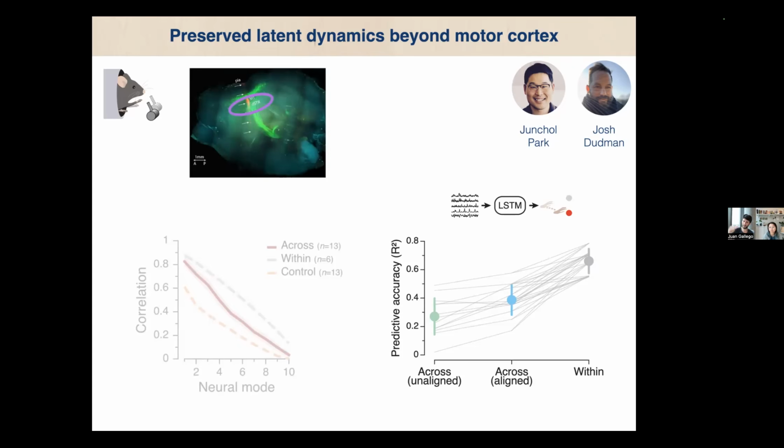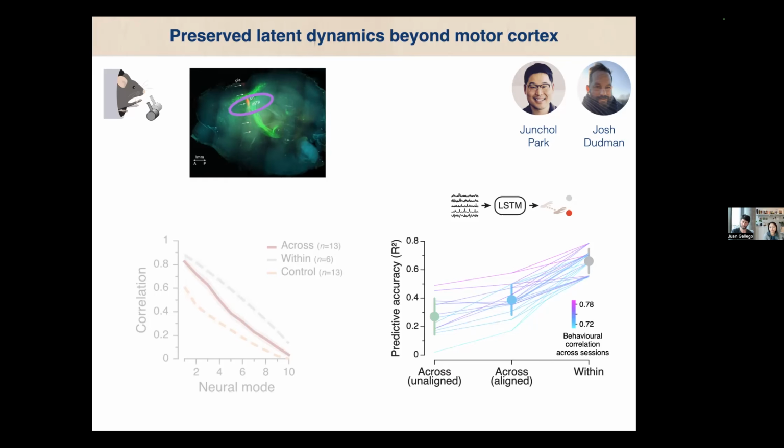But if I color code these individual comparisons by the correlation in behavior, you can see that, as for motor cortex, when the kinematics of two mice become more similar, our ability to predict across mice also becomes more similar. So it's basically the same results for mouse basal ganglia, or dorsolateral striatum, as we found for mouse motor cortex.